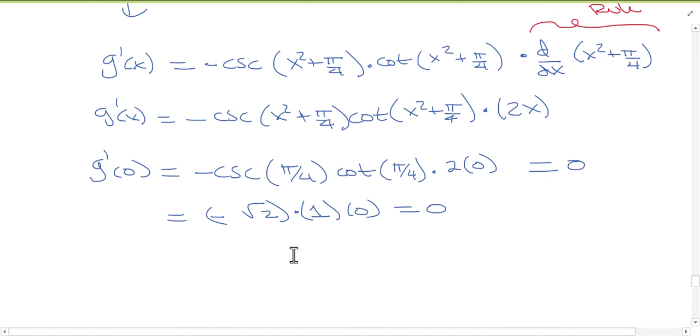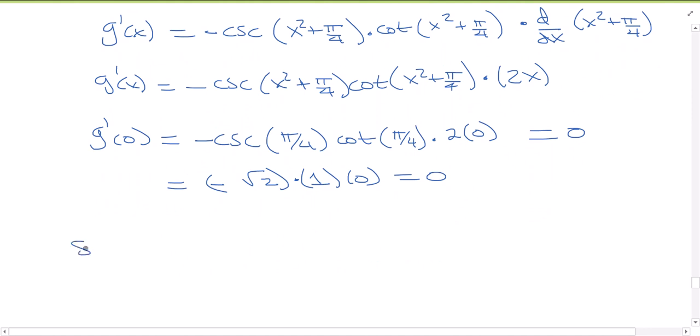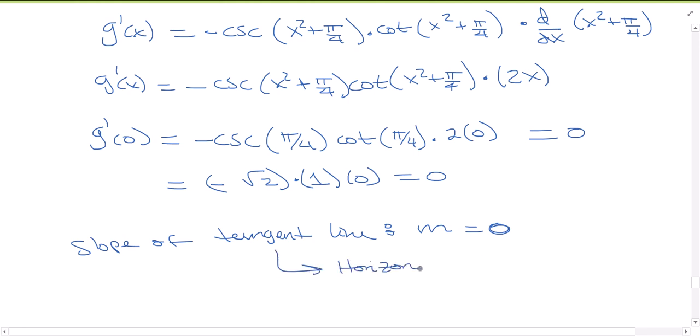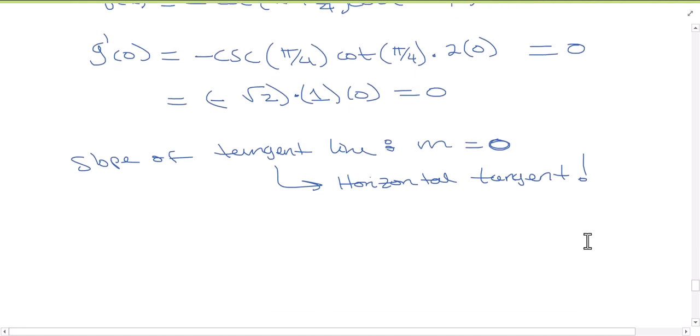So that means that the slope of the tangent line is m equals 0. So that means that the tangent line is a horizontal tangent line. So what does that mean about the normal line? They have to be perpendicular, right? The normal line is perpendicular to the tangent line.